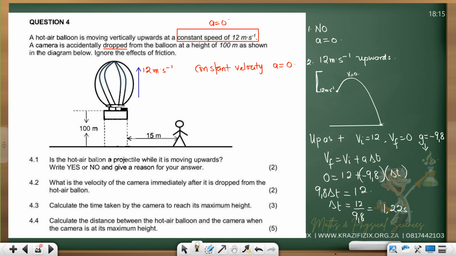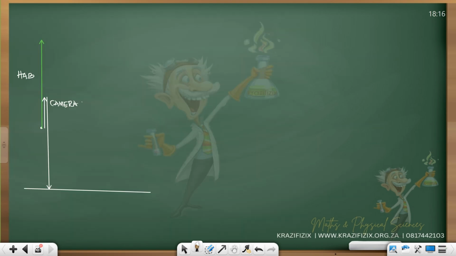The question says, calculate the distance between the hot air balloon and the camera when the camera is at its maximum height. It means from here to here, let's call it A to B, the camera has traveled 1.22 seconds.